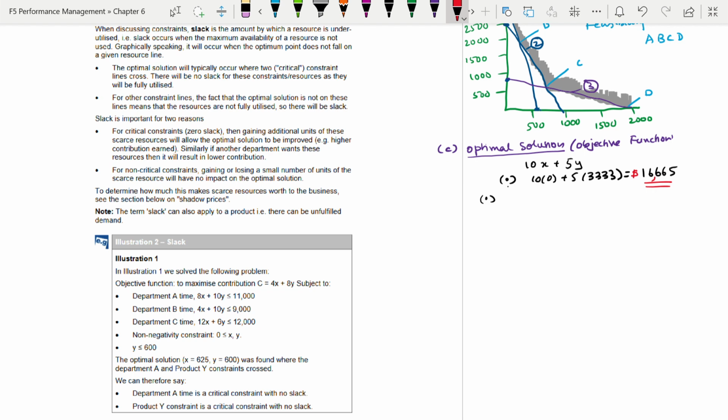Now we have to identify where we can use the 16,665 in the best possible way. In order to do this, we have to solve the equations.